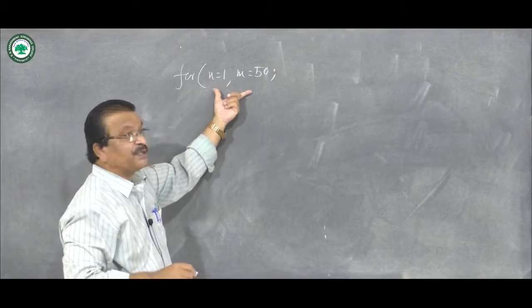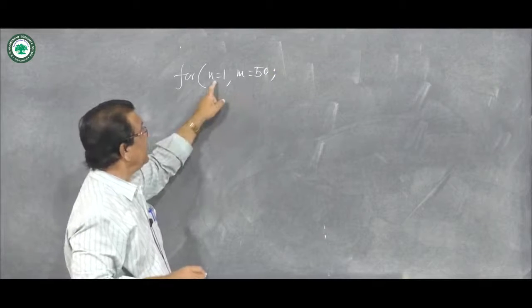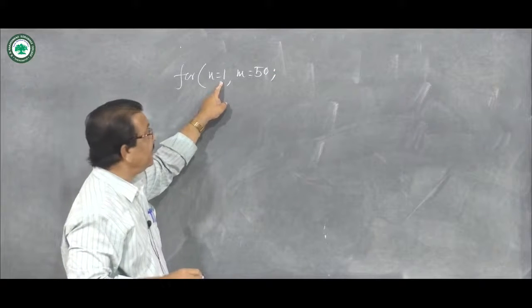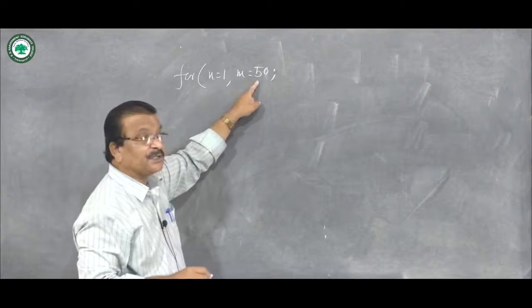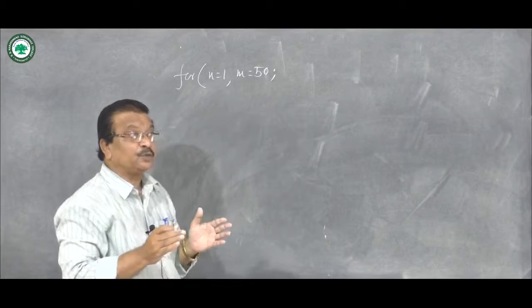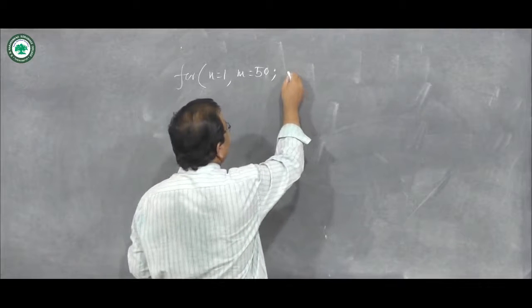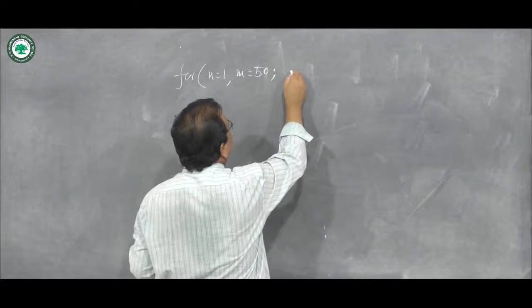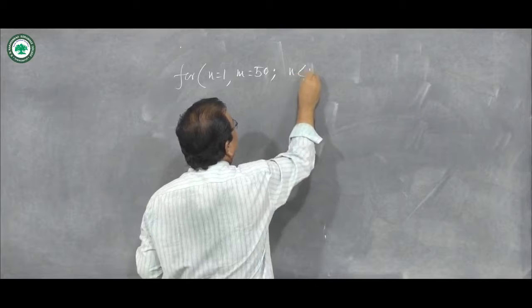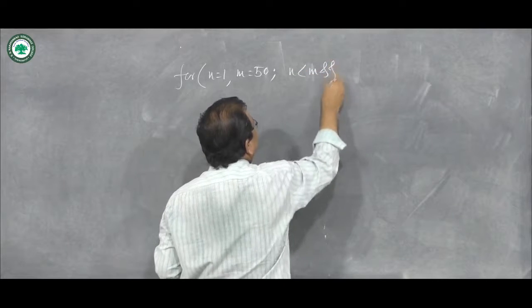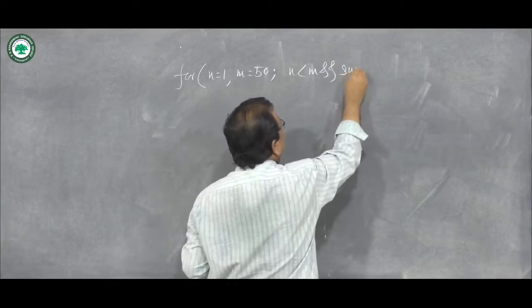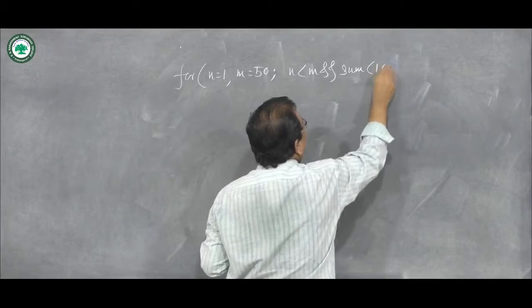This is expression 1, as if n equal to 1 is expression 1a and m equal to 50 is expression 1b, just two parts of expression 1. And then here I am writing n less than m and sum less than 100.